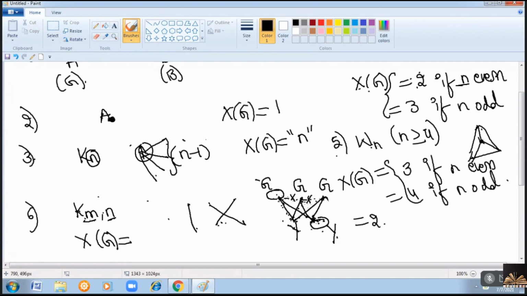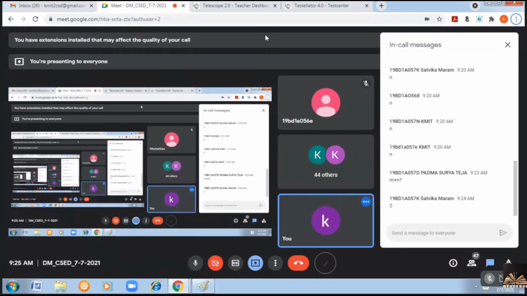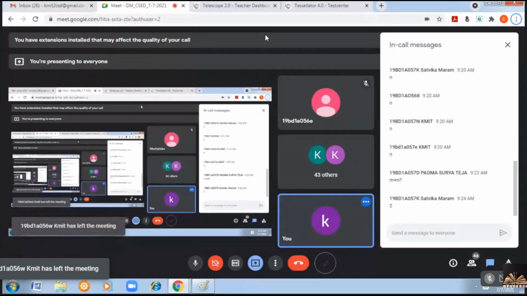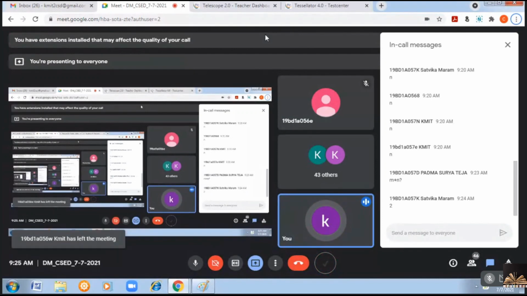Therefore, you can use one color for all the vertices in the first group and another color for all the vertices in the second group. Therefore, the minimum number of colors you require is 2. Is it clear now why it is 2 for a complete bipartite graph?